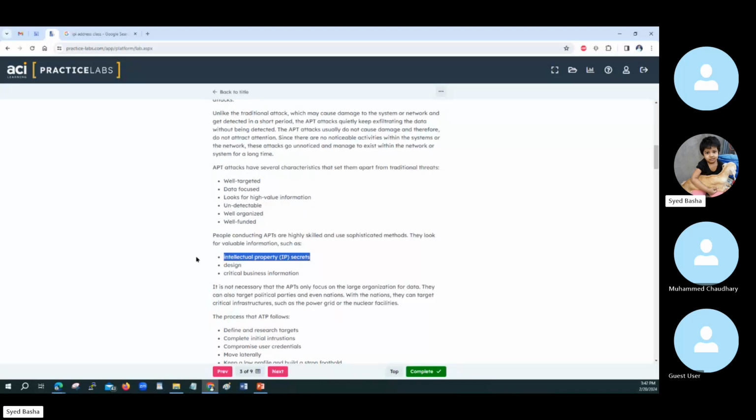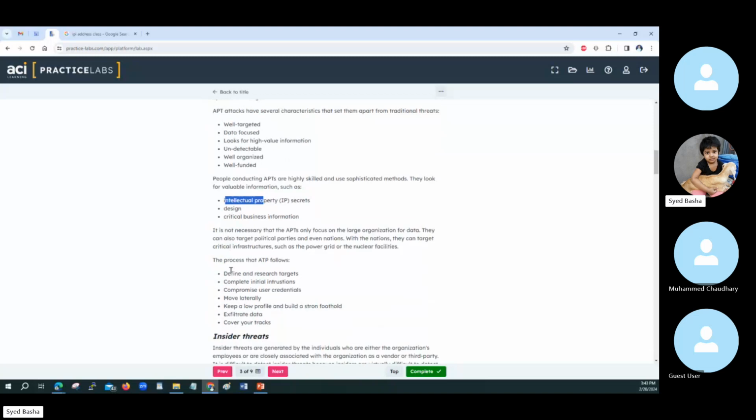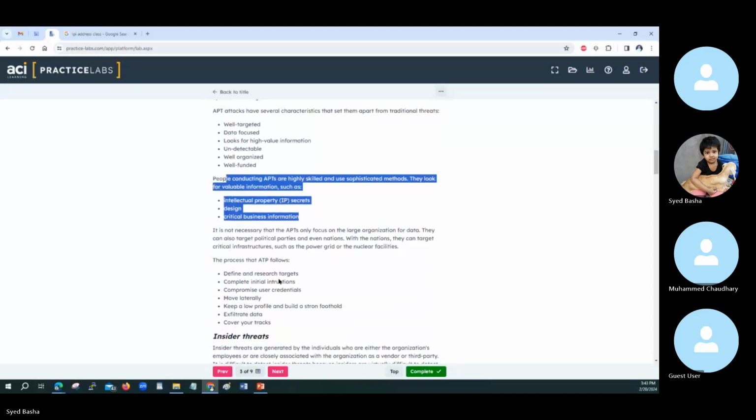In this case, what we have discussed is critical business information or critical security information of the Iranian atomic program. They destroyed it. Sometimes they wanted to get the design of an architecture or any business design. Sometimes they still do APT for intellectual property secrets.